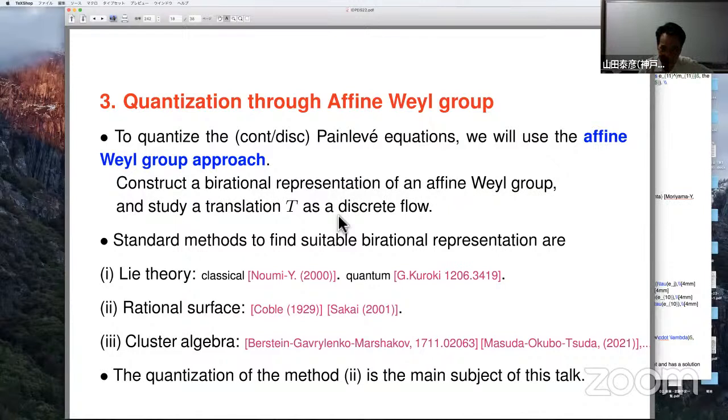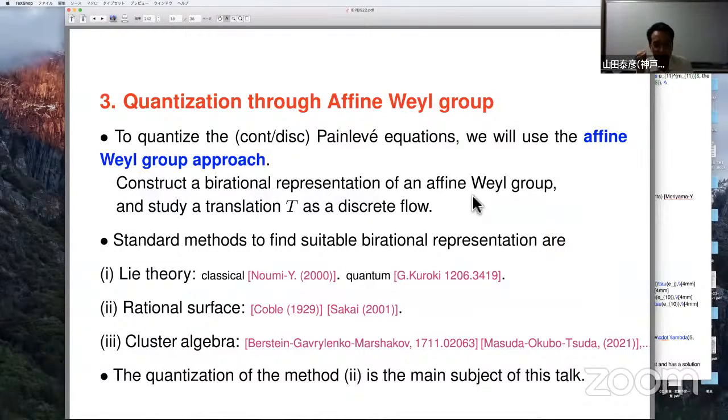The merit of this method is that, by construction, one can have a huge symmetry, which arises as a commutant of the translation of the affine Weyl group. And so the main point of this approach is how to construct the suitable birational representation of the affine Weyl group.